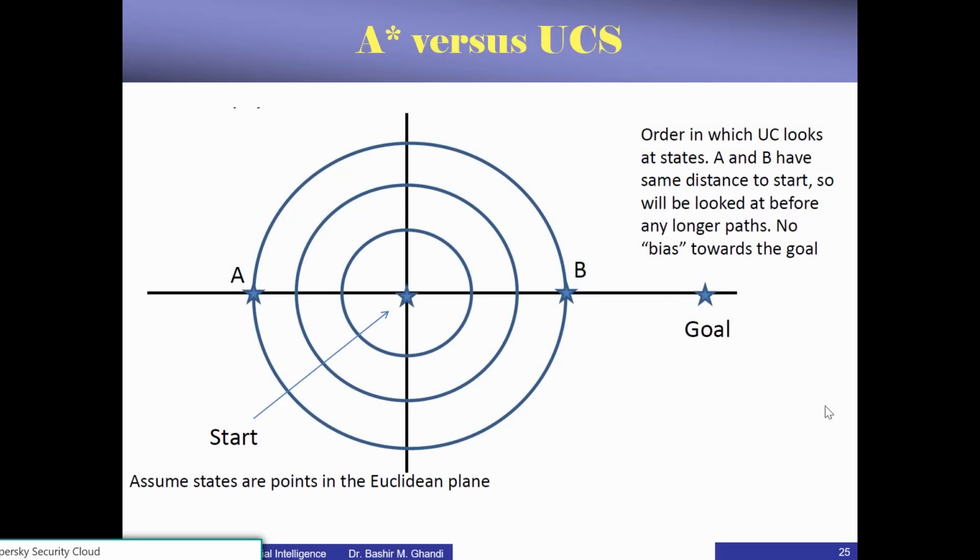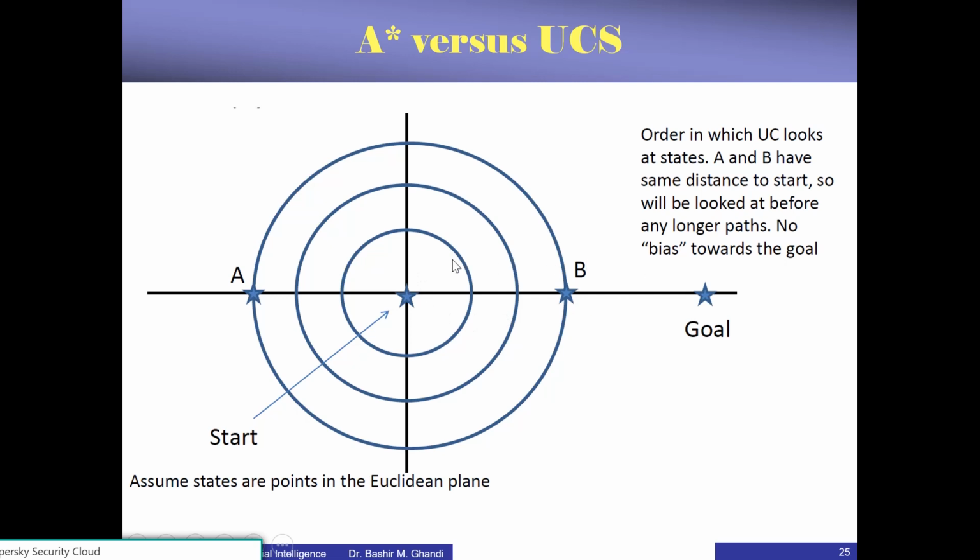To give you a better idea of what it does, let us compare it with UCS. So A star versus UCS, uniform cost search. Let us suppose we have states marked here. This is the start state, and then we have two states A and B, and then we have the goal state. As we know, UCS will be looking at the total cost to reach a particular state.